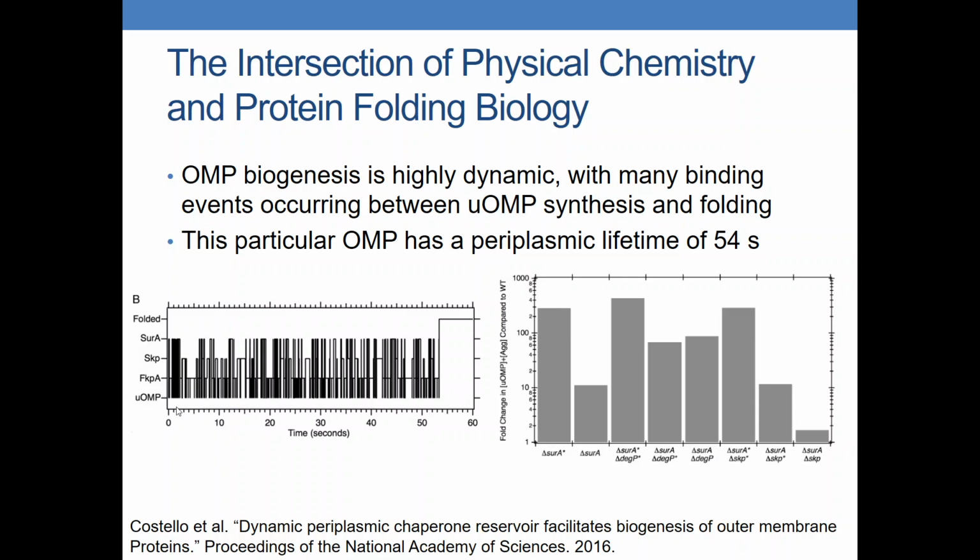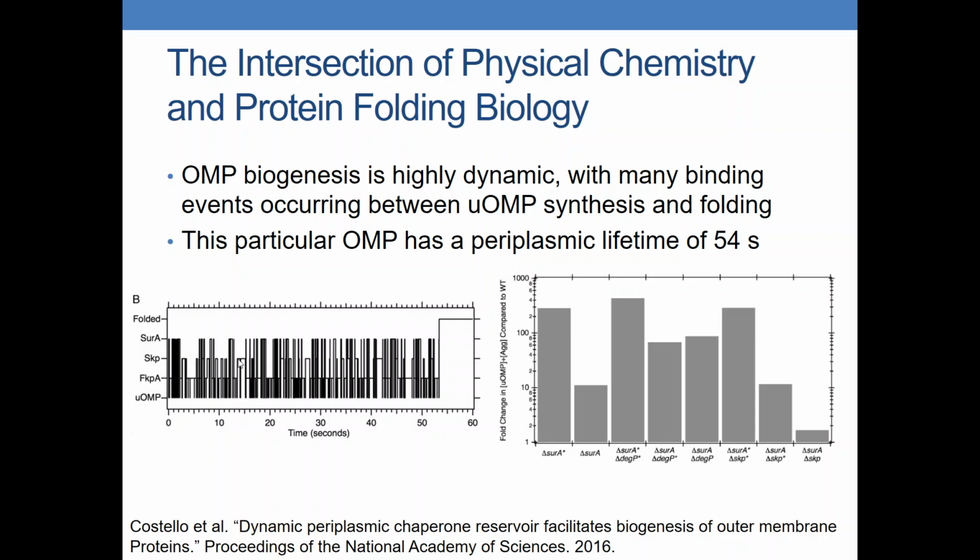What I want you to see is that at first, as this simulation starts, it bounces around between these three chaperones, FkpA, Skp, and SurA. It bounces around a lot. But then after, say, 5 or so seconds, it finds its way to a stable interaction with Skp, but then it dissociates and winds up ultimately transferring over to FkpA.